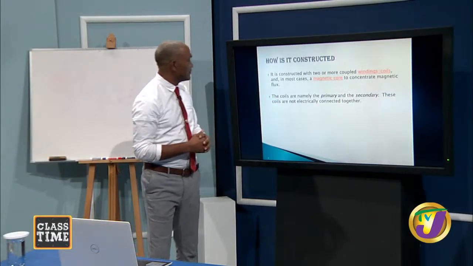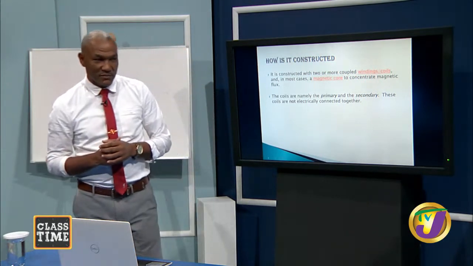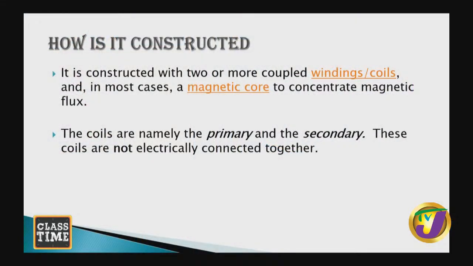Moving on. How is it constructed? A transformer is constructed with two or more coupling windings, or we say coils, and in most cases, a magnetic core.